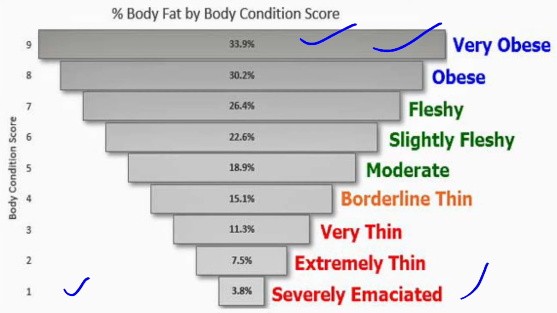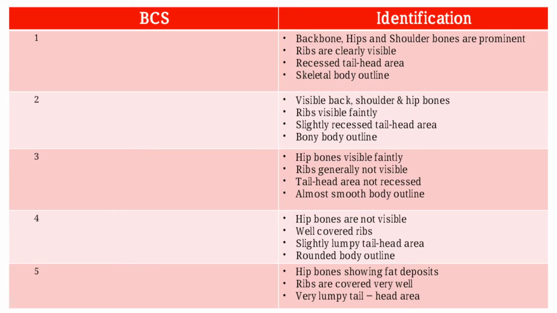Otherwise, the ideal body condition score for dairy production is 4 and 5. Scores above that, 6, 7, and 8, are mostly found in beef cattle breeds. These are some of the body condition scores from the examination point of view.